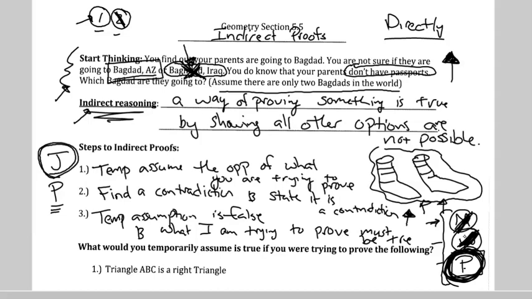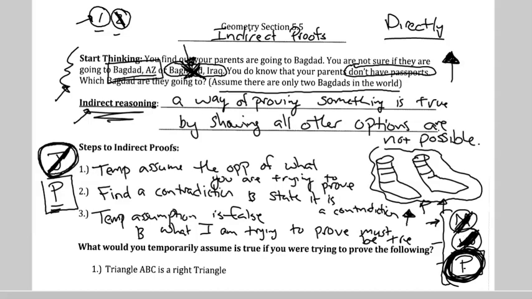Then you run through logic finding a contradiction. So then she says, but all of my socks have flowers on them, and these do not have flowers. Therefore, this is a contradiction, and my temporary assumption is false. They're not my socks, and therefore they must be Paul's socks. And there you go. That's it.